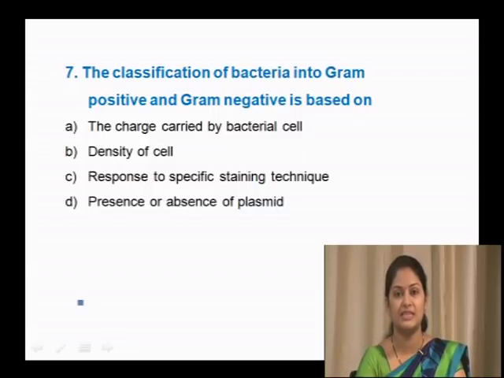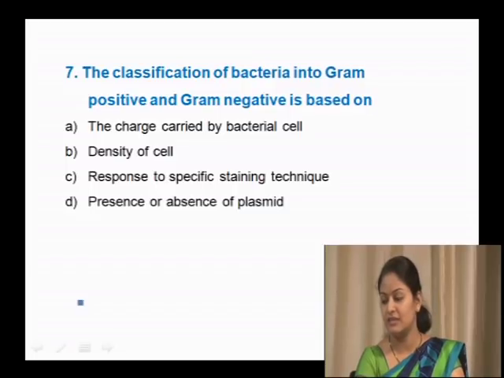The process of staining, which concludes whether a bacterium is gram positive or gram negative, is based on a technique called Gram's staining. This technique uses crystal violet dye, which will color the outer layer of the bacterial cell. Further, depending on the amount of phospholipids as well as certain components of peptidoglycan, you can see the difference in the colors.